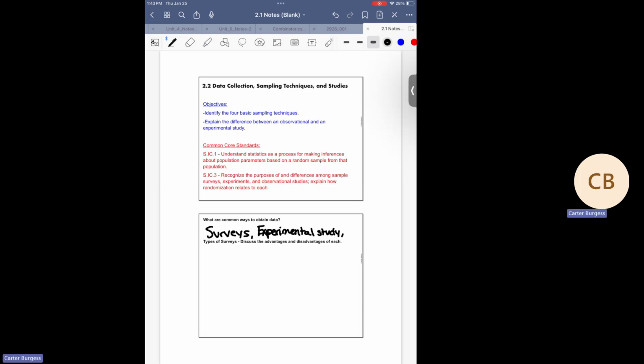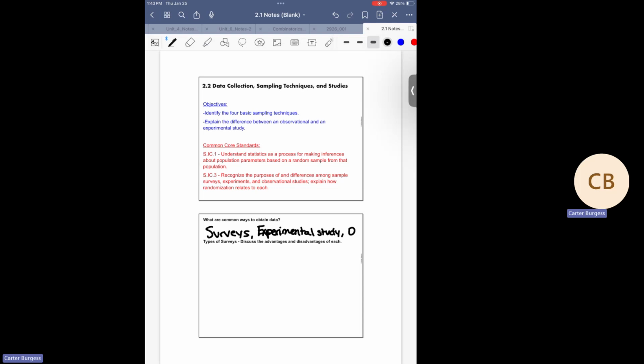Kind of close to surveys, but a little bit different. Poll and survey would be the same, so a little bit misleading on my part. What was I doing when I was counting the number of people who are wearing sweatshirts? I was observing or tallying. That would also be equivalent.